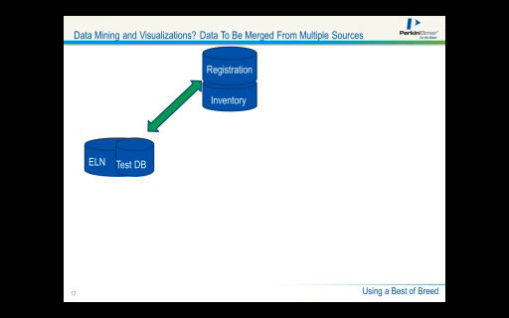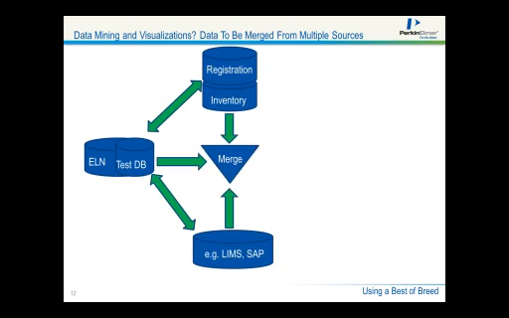We maybe want to bring data about uniqueness, about location from a registration from an inventory. We might want to bring information about samples from a LIMS. Perhaps we want to bring in some cost of materials information from something like SAP. And all of that data needs to be merged and tied together through the unique identifiers, the experiment ID, the sample ID, the registration ID, or whatever.